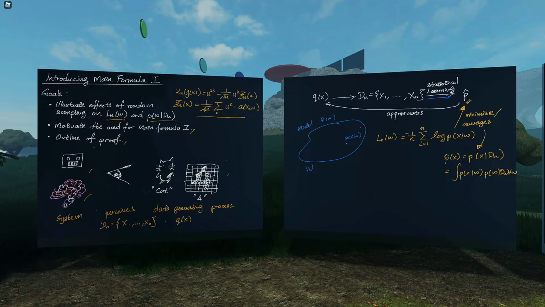So the role of theory from this picture is to clarify the behavior of this function, because, as we see here, any inference method, be it minimizing it or taking the Bayesian posterior, involves it.